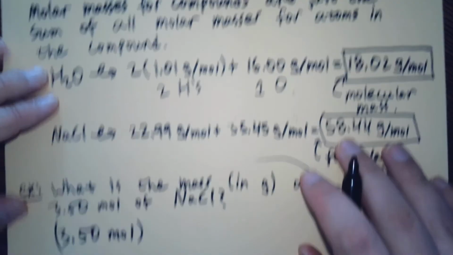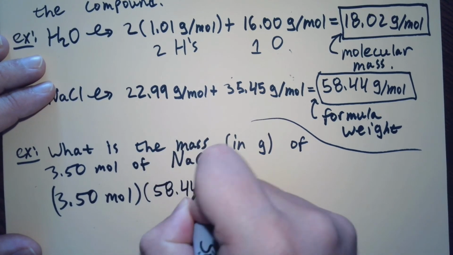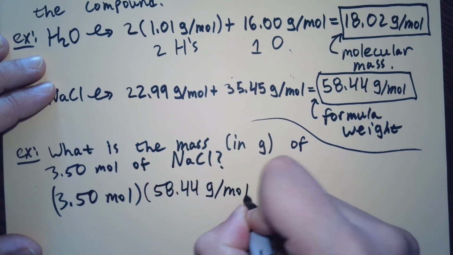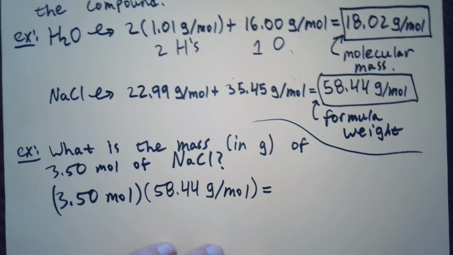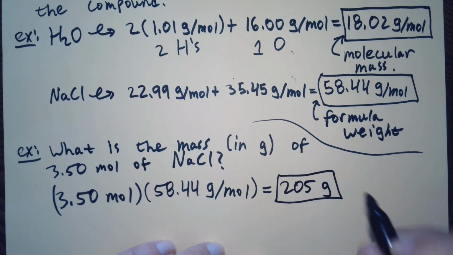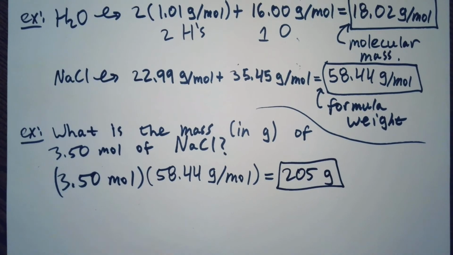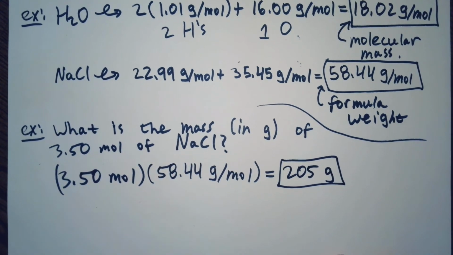And there's 58.44 grams per mole. Alright. That comes out to be 205 grams. So same trick we did before, but it's a new substance, so it has its own molar mass.